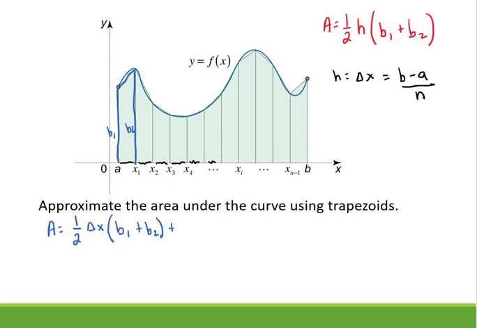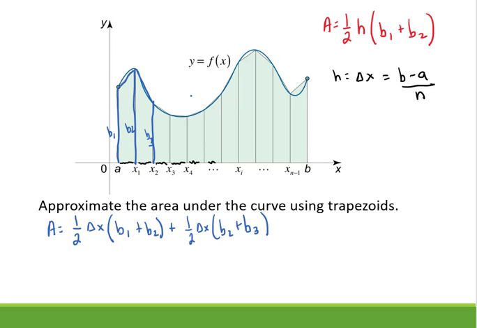And then the next trapezoid. Okay, let's assume that our heights, or our delta x's, are even. I have base 2, now I have base 3. So I have 1/2 my delta x, base 2, plus base 3.